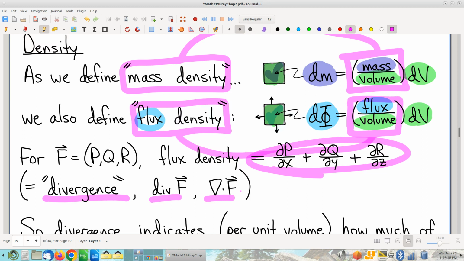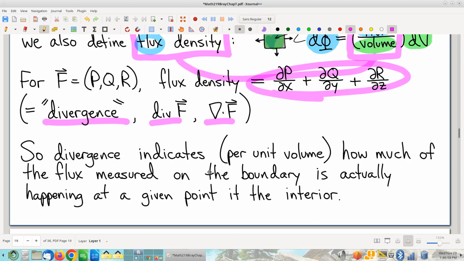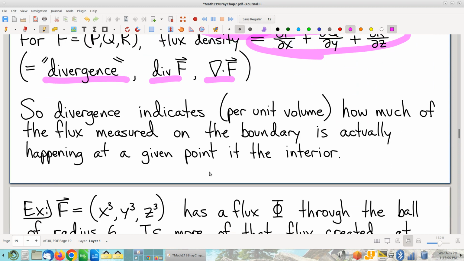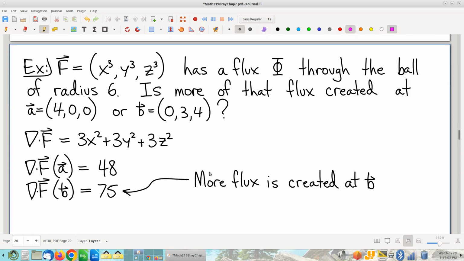The density points to where the stuff in question that you're measuring is actually happening. It just points right to it. So in the same way that the derivative tells you where the function is changing, where the change is coming from, likewise, divergence, aka flux density, tells you where the flux is coming from.